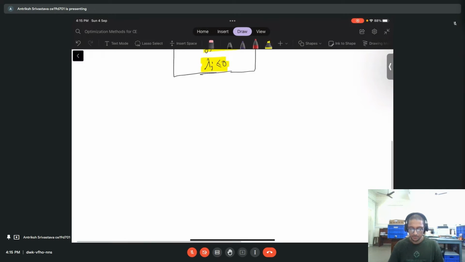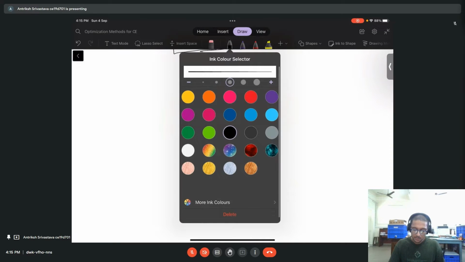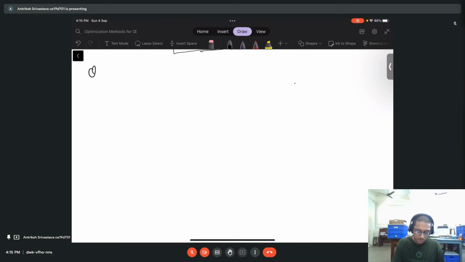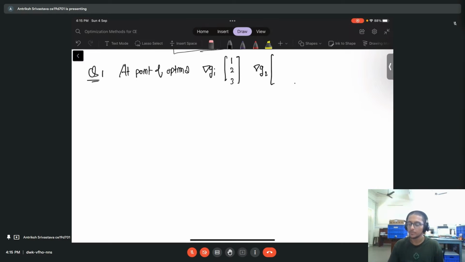Okay, so I'll be shifting to the class screen. This is the first question for today, a conceptual question: at the point of optima, if I have the gradient of g1 as 1 2 3, and the gradient of g2, what was it? Can you tell me, Jasurya?